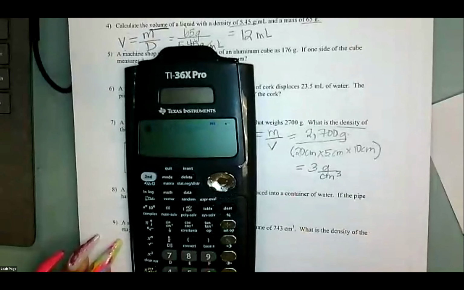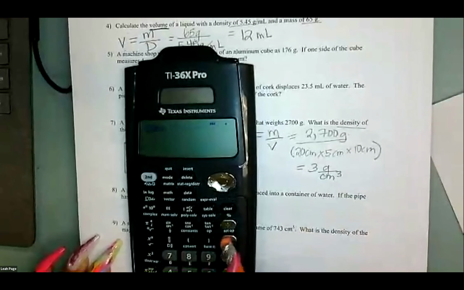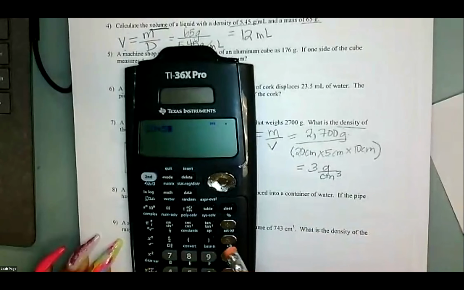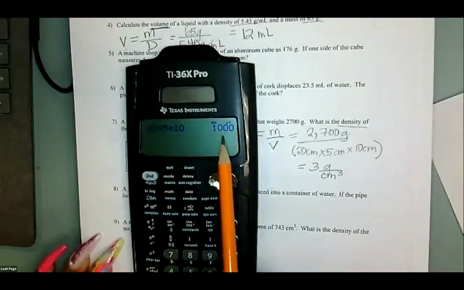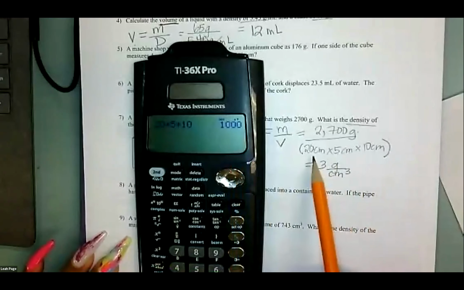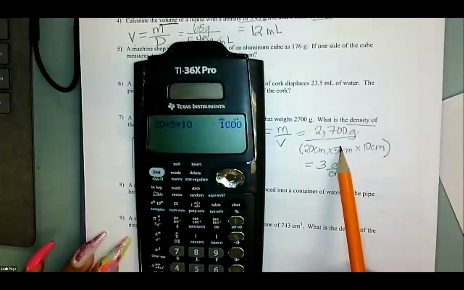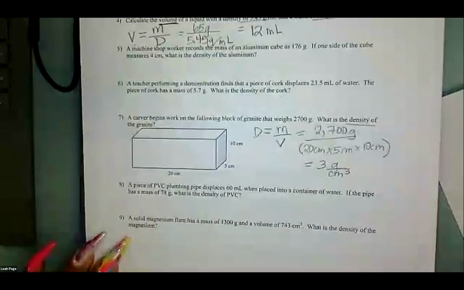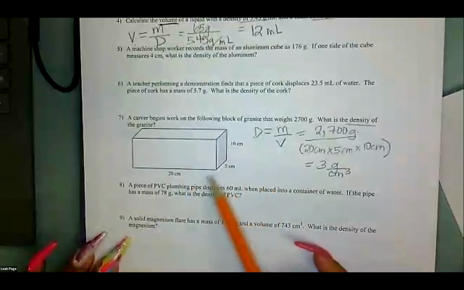So what Kelly is saying is, if I say 20 times 5 times 10, it's going to give me 1,000. In this case, yes, it is just 1. That's why I wrote it out this way so we could see that our answer should have 1 sig fig. But either way, we need whatever numbers were given in our problem first.